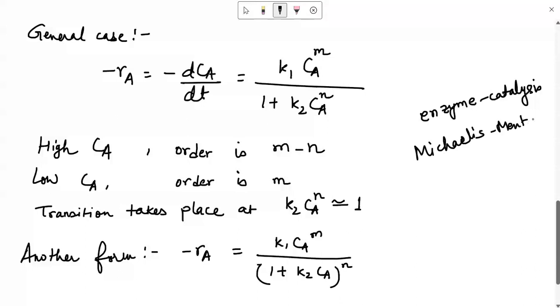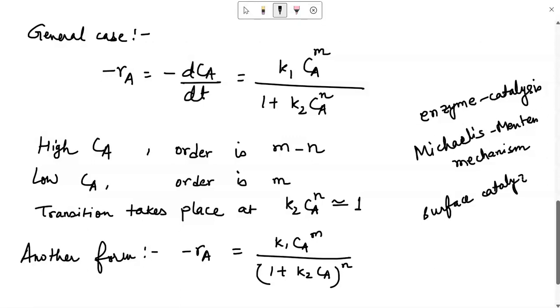It is more in the biochemical regime that we see these kinds of reactions. Another example is surface catalyzed reactions.